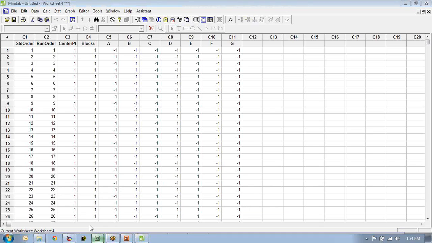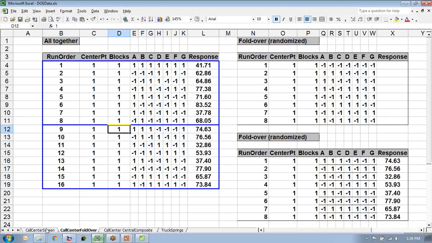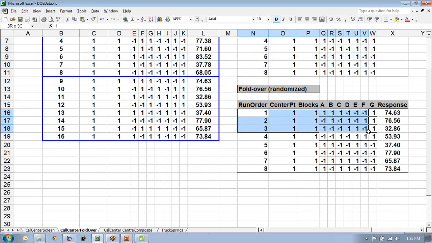Well, it turns out that one of the tricks, and this is just a trick, is what's called a fold over. You take all the 1s and the -1s, whatever they are, and you fold over the design by changing all the 1s to -1s and all the -1s to +1. So that's what happens if we put it in run order, and we fold over this design.